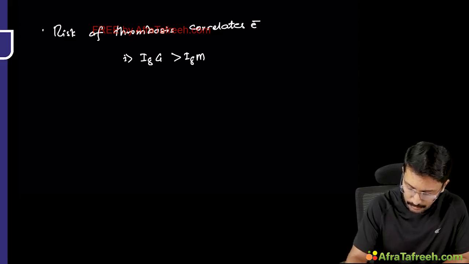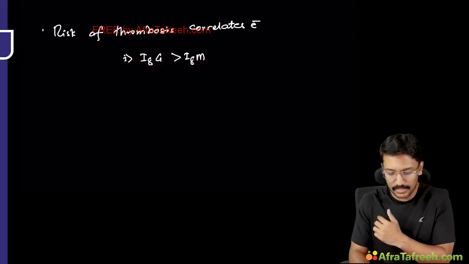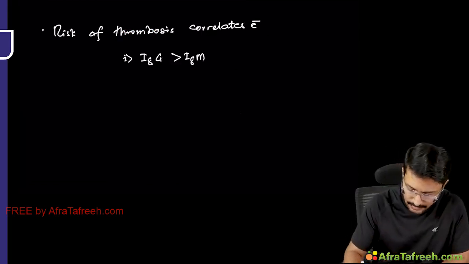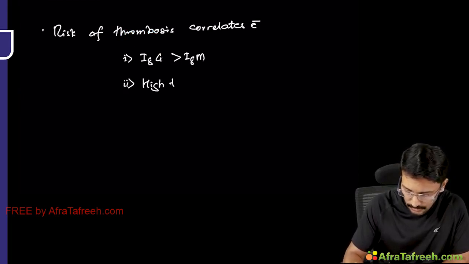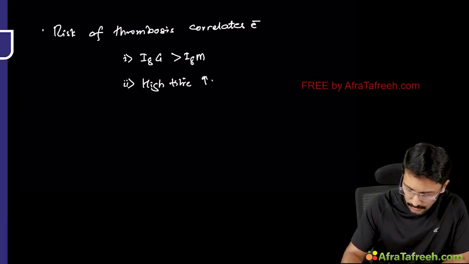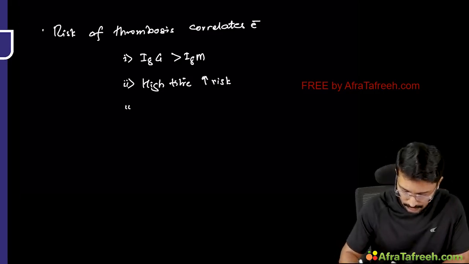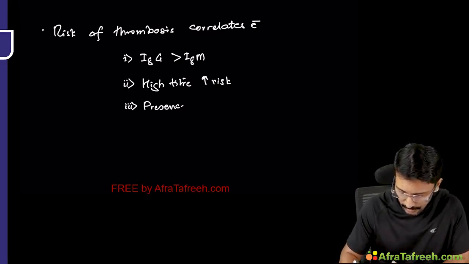So if you have IgM antibodies, you have a slightly lower risk in comparison to when you have IgG antibodies. And then the second thing is the titer, right? High titer is obviously associated with higher risk. Higher the titer of the antibodies, higher the risk. Then the third thing is presence of antibodies on repeated testing.